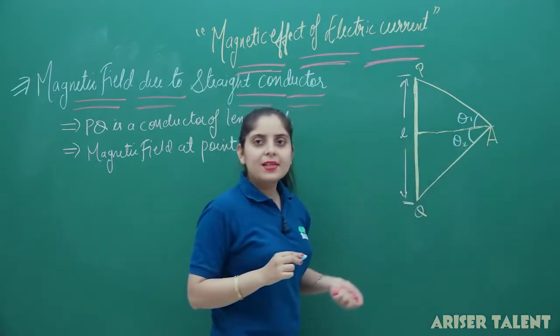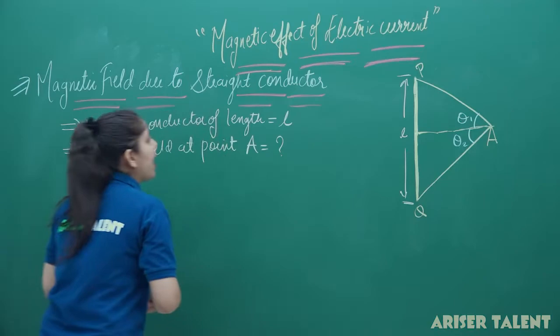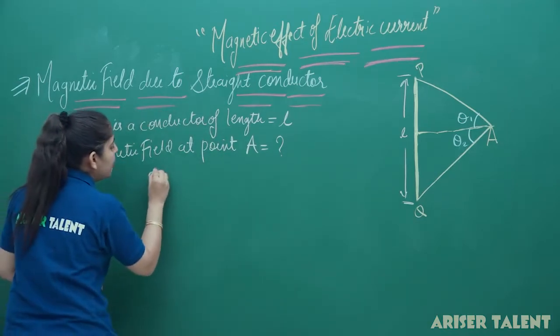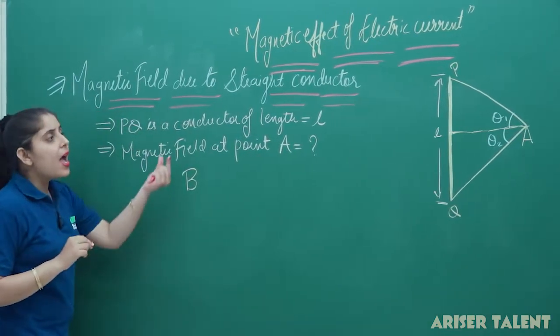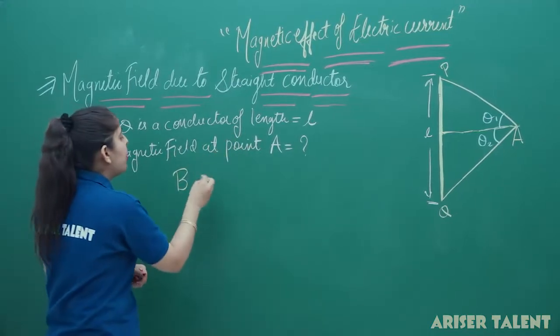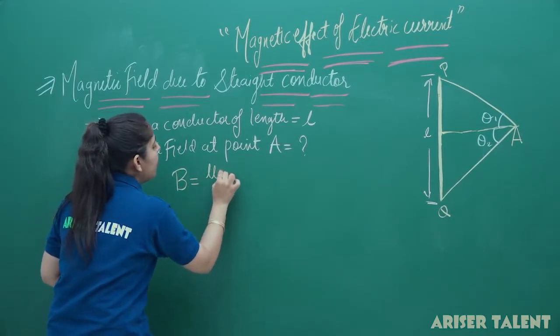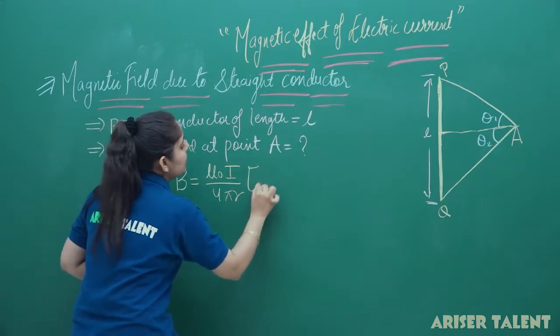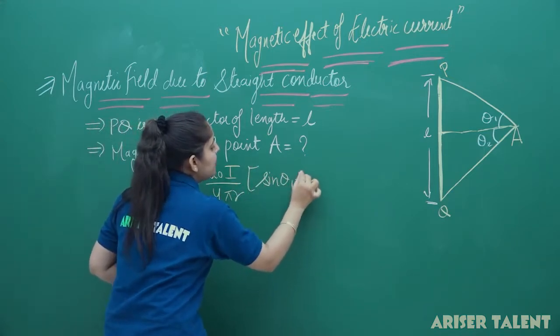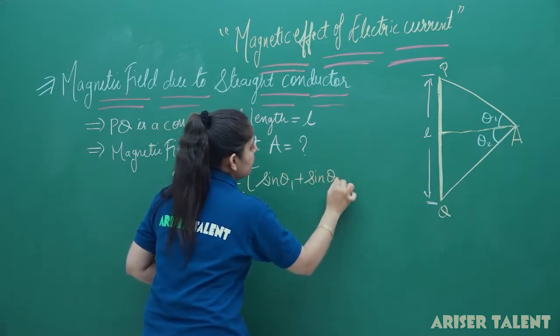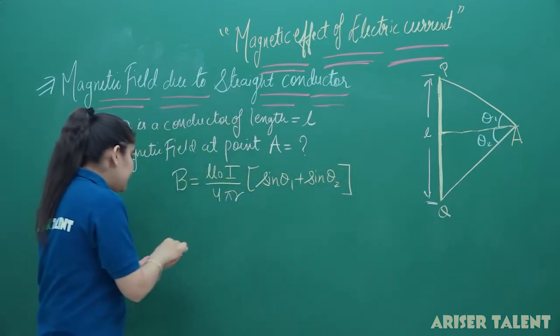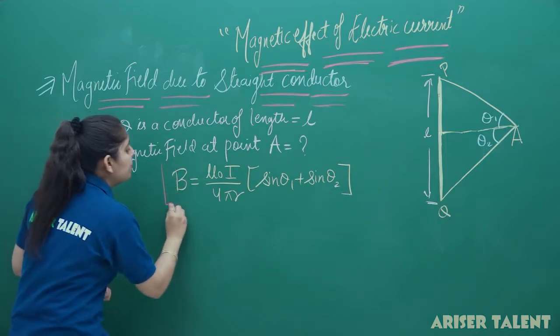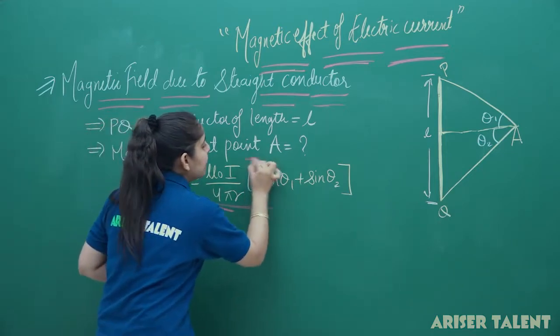Magnetic field is usually denoted by the symbol B, and the magnetic field strength at point A can be given by the formula B equals mu 0 I upon 4 pi r, times sine theta 1 plus sine theta 2. So this is the formula for the magnetic field due to a current carrying conductor.